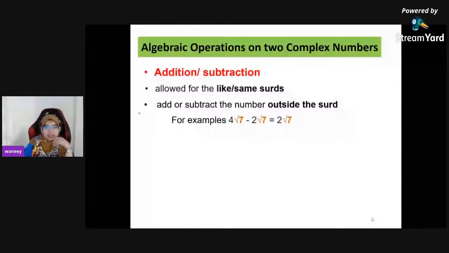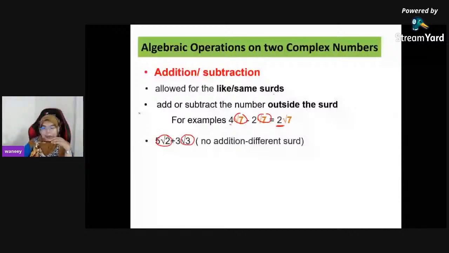We have the same surd over here, root 7, so you can do 4 minus 2, that is how you get 2 root 7. And if you have 5 root 2 plus 3 root 3, we cannot do an addition because this is root of 2, this is root of 3. So they are not like surds, so we cannot add them together.